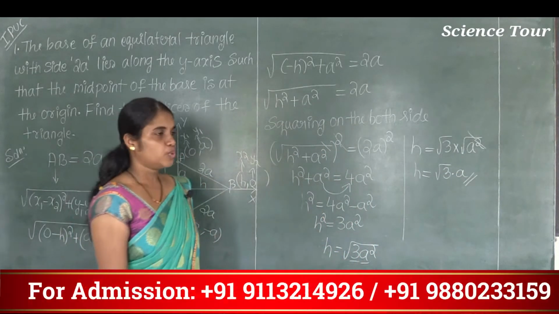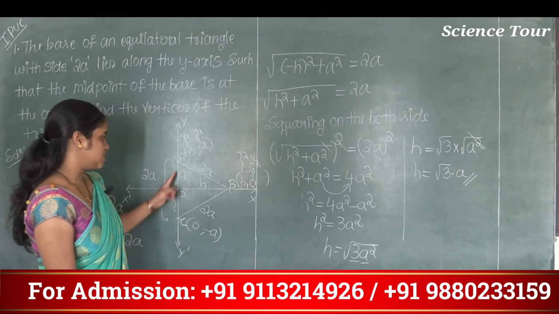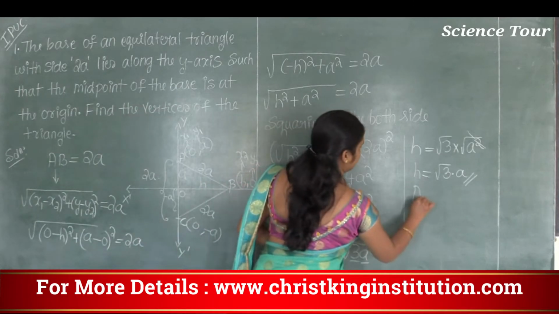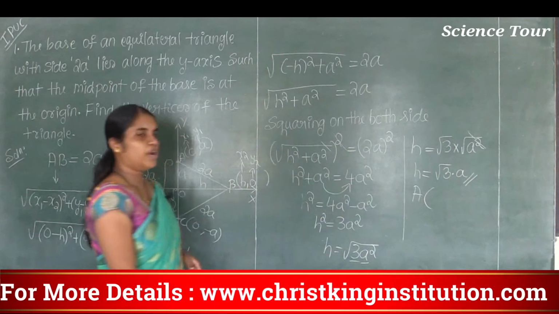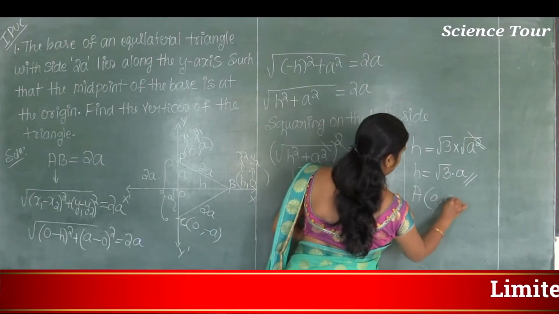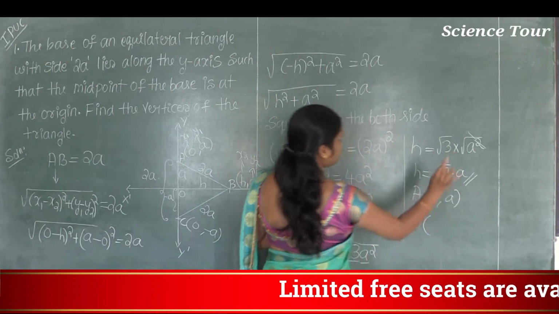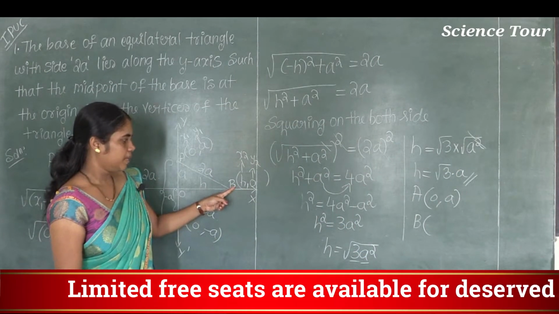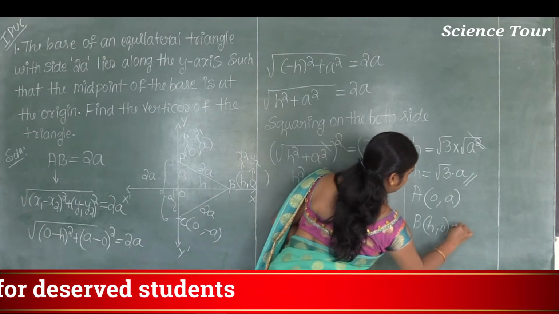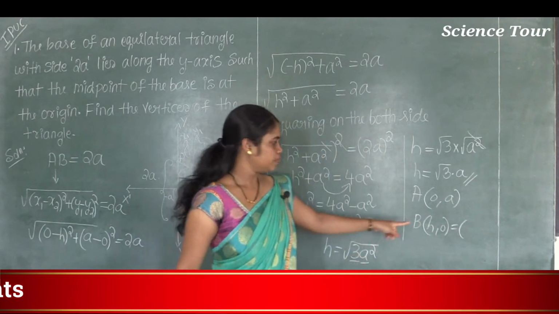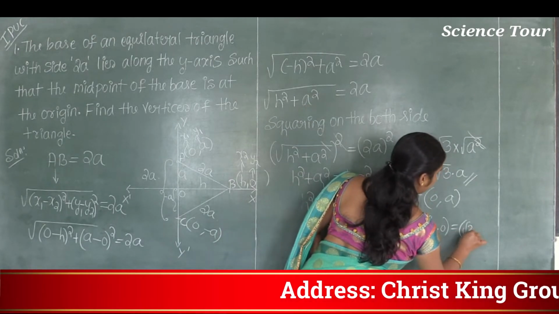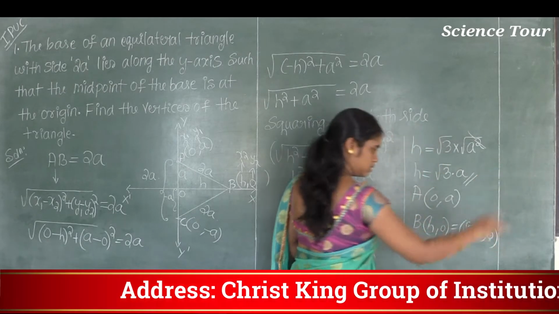Students, now we'll write the 3 vertices of this equilateral triangle. First I'll write the coordinates of point A. What is the point A here? 0, a. Next point B. What is the coordinate of point B? B is nothing but h, 0. Now in the place of h, substitute this value: square root of 3 into a comma 0.